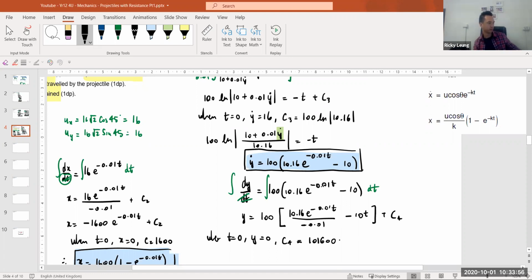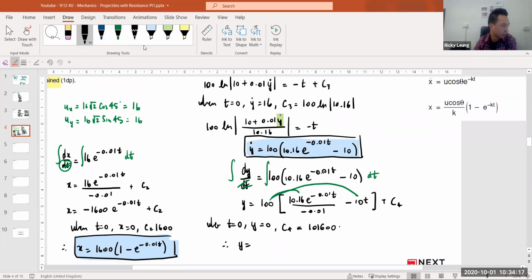That's a constant, yes. Now expand this and this, and get your final result to look like 101,600 factorized. Then it'll be 1 minus the e expression, e to the minus 0.01t, and then minus 1,000t.